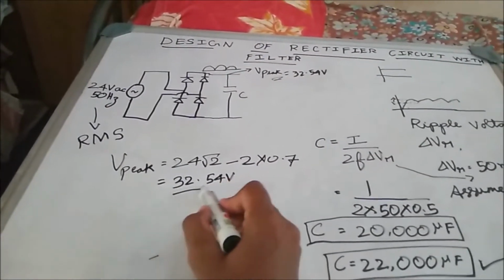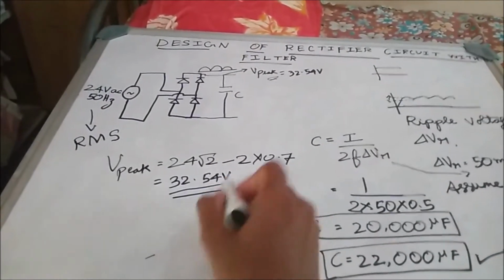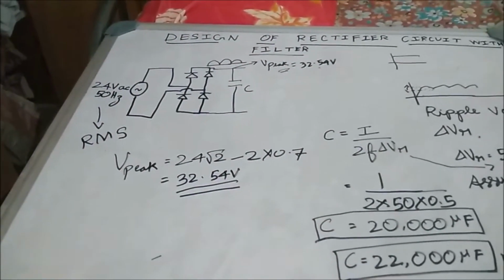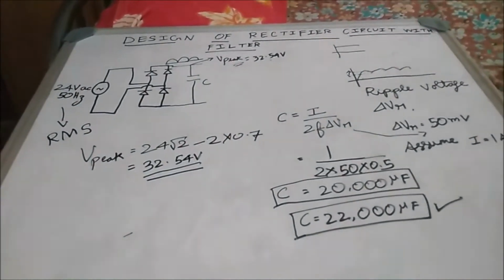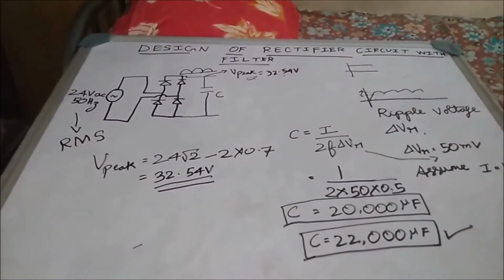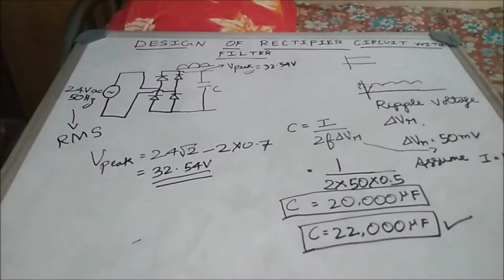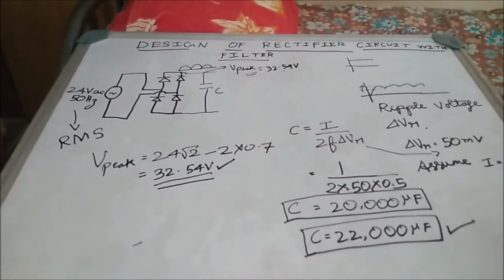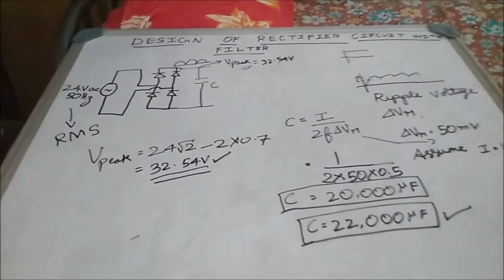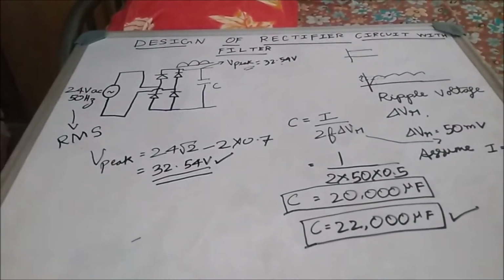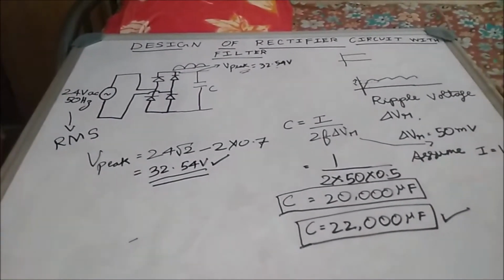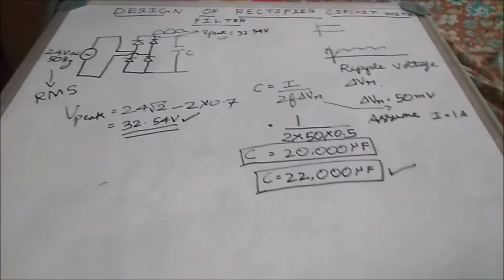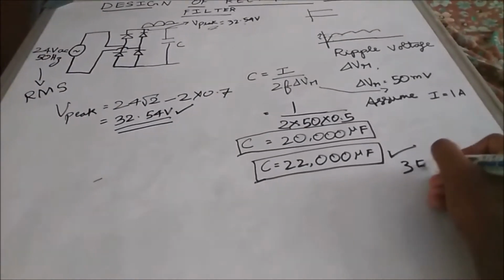So the voltage we obtained here is 32.54 volt. The voltage rating of the capacitor should be more than this. If you select less than this, the capacitor will burn out. So the practically available voltage value of capacitor is 35 volt.